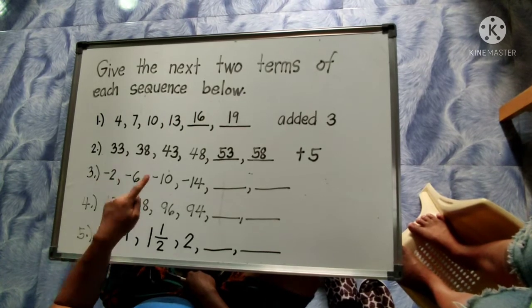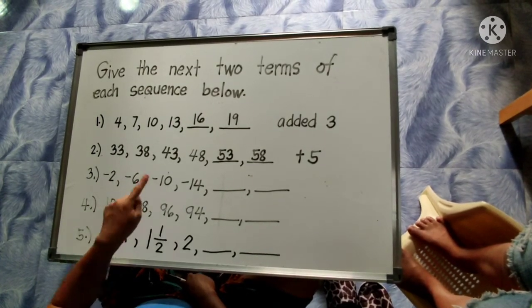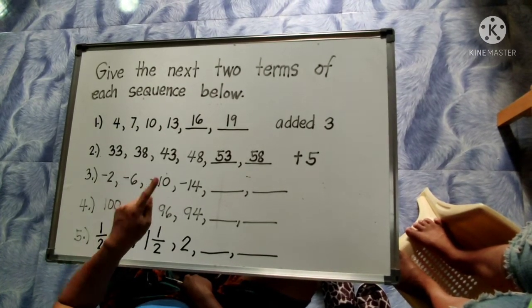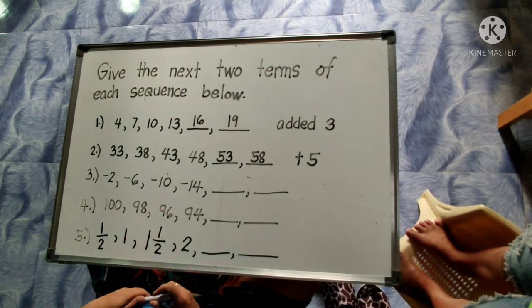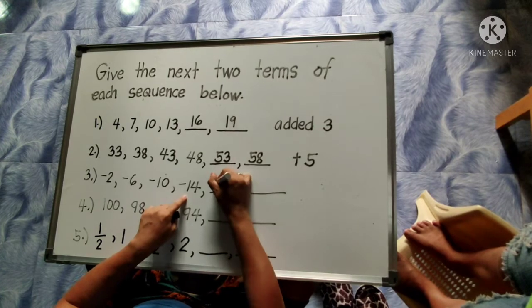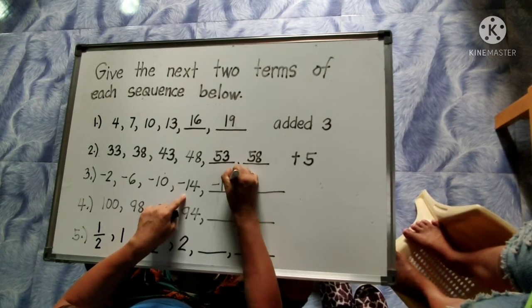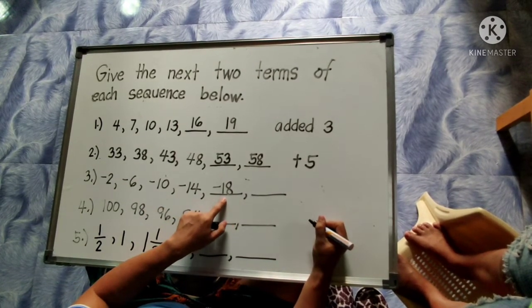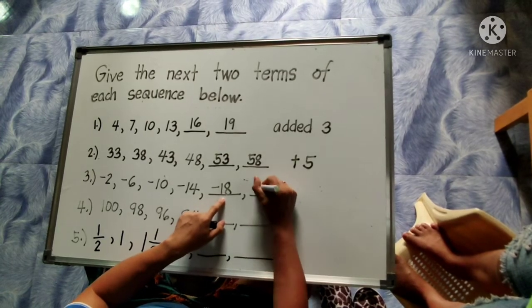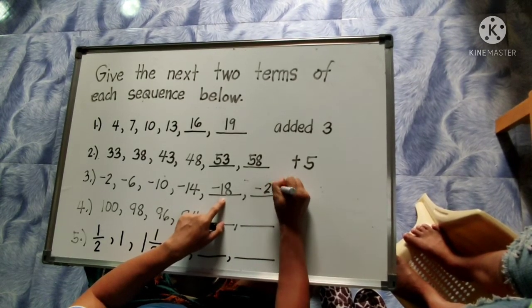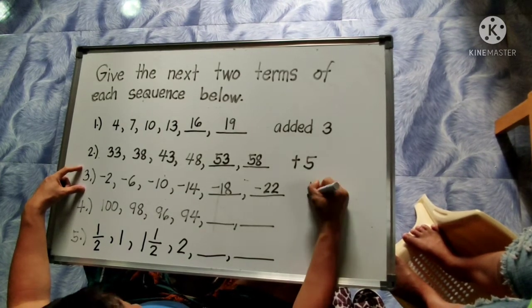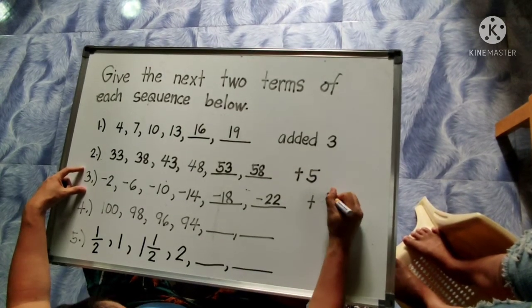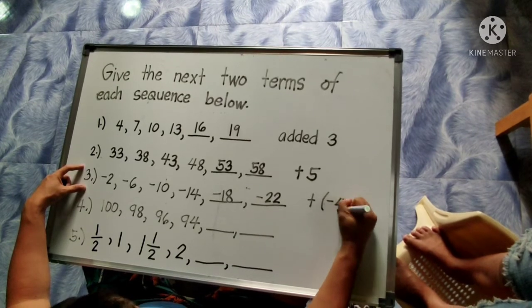Negative 6 plus negative 4 is negative 10. Negative 10 plus negative 4 is negative 14. Negative 14 plus negative 4 is negative 18. And negative 18 plus negative 4 is negative 22. So for number 3, we added negative 4.